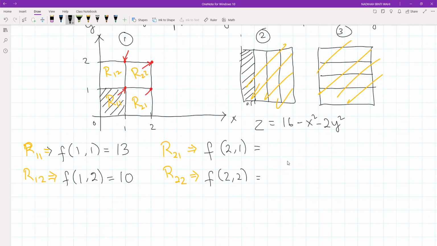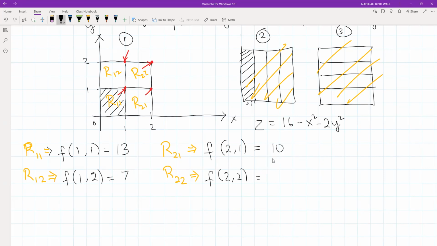Okay. And then R21, 16 minus what? R12 bukan 10. Dia adalah 7. 7 kan? 7. Okay. So yang ni baru 10.